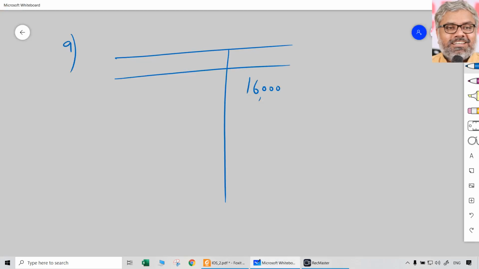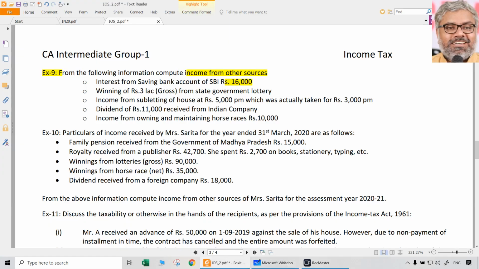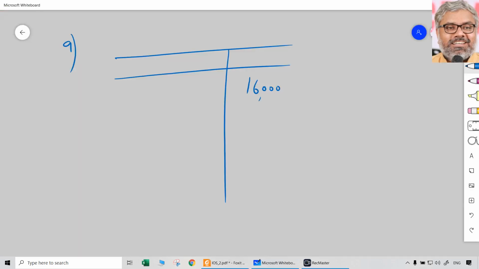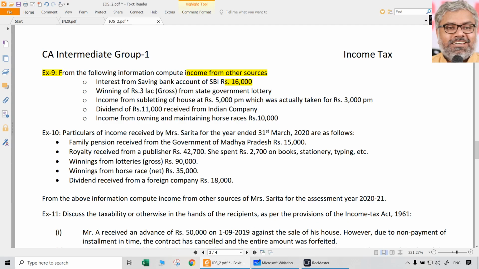Deduction is what? 80TTA, savings bank interest, available when? After computing the gross total income of the assessee. We are computing income from other sources. So 16,000 is first taxable under income from other sources. Don't give any 80TTA deduction here. That is why such kind of points will be given, so that people misinterpret and mix the provisions from one chapter to another chapter.